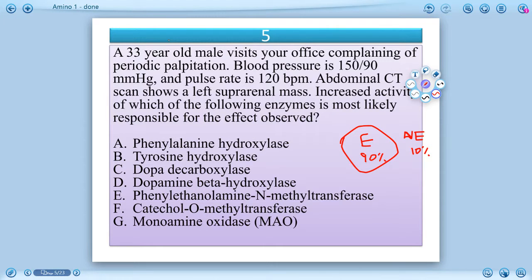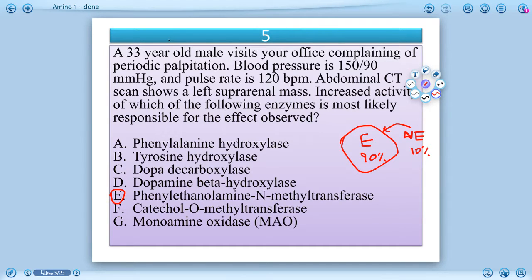The activity of conversion of norepinephrine to epinephrine is much higher, and therefore the enzyme that is converting norepinephrine to epinephrine should be higher, not necessarily production of norepinephrine. Norepinephrine is produced in all other cells, but there's only increased activity in the adrenal medulla, not in other cells. So the enzyme relating to that is this one.